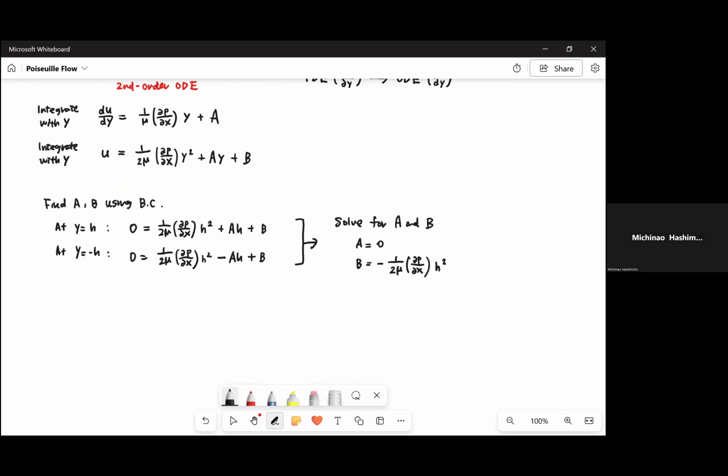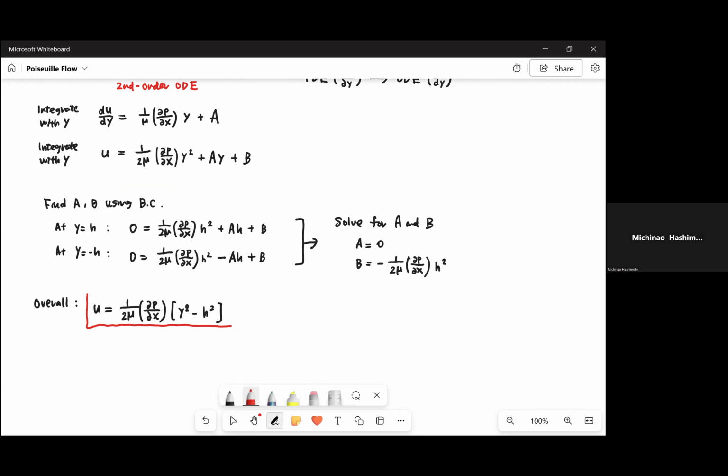Putting it all together, overall what we have is u equals 1 over 2 mu dp dx times y square minus h square. I combined the two terms together.